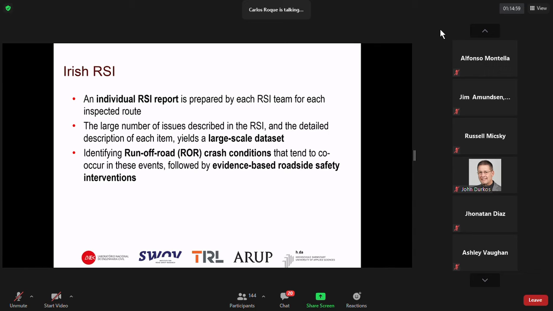The large number of issues described in the inspections and the detailed description of each item yields a large-scale data set, which may support identifying patterns of common conditions and related interventions. Roadside safety can be improved by identifying run-off road crash conditions that tend to co-occur in these events, followed by evidence-based roadside safety interventions.